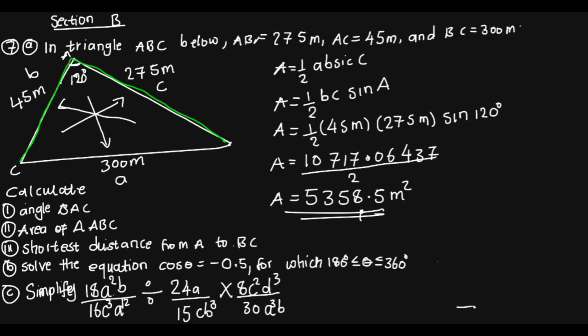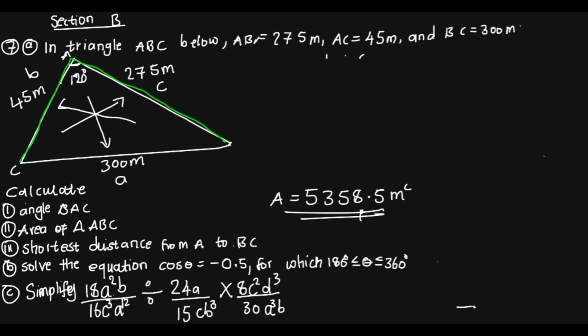Now let's create some space. Okay, so we can move on now to the shortest distance from A to BC. So shortest distance is equal to 2 times A divided by B. 2 times the area is 5,358.5 meters squared, over the base.